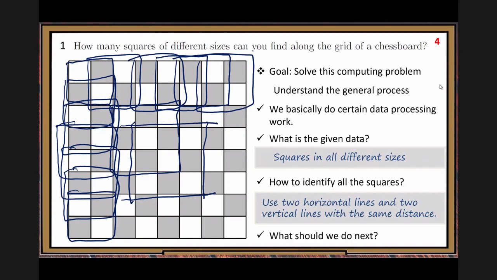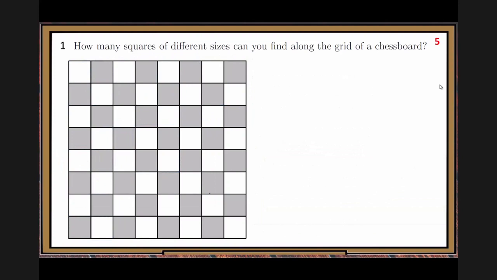Then, next, we want to look at our data in all different sizes. The critical step this time. When we get more experience, when we have observed more properties of the data and understand it better, hopefully we can make some critical step.